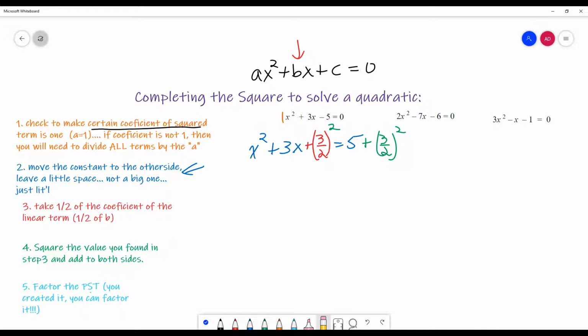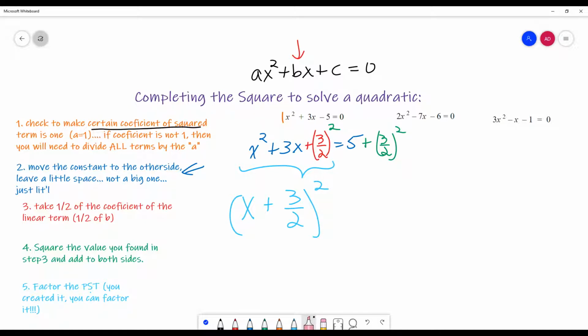Now, fun fact. You know how to factor that left-hand side. You created a perfect square trinomial. So the way this factors, it's x plus 3/2 quantity squared.